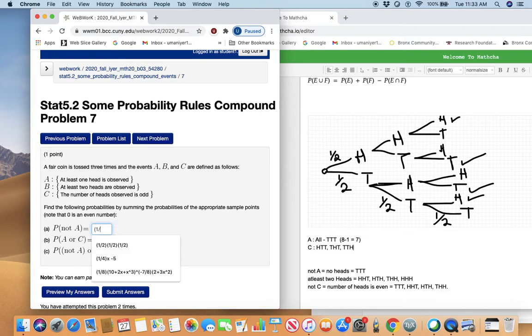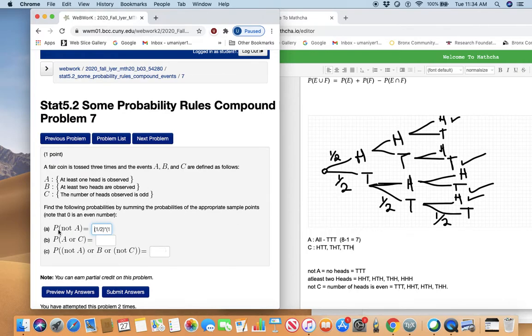So 1/2 times 1/2 times 1/2. Notice I've placed 1/2 in parentheses and I'm multiplying 3 times because there are 3 branches in this entire sequence. So that is the probability of not A. Not A means no head. No head means all tails.